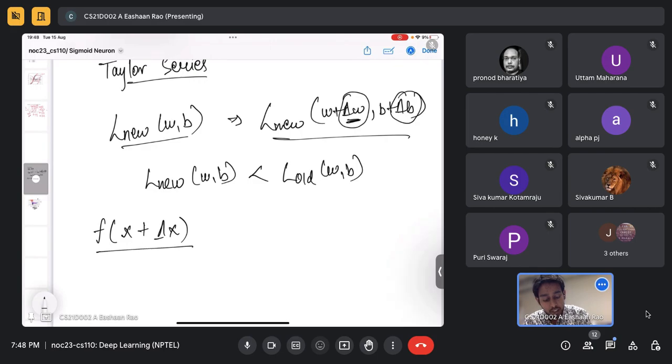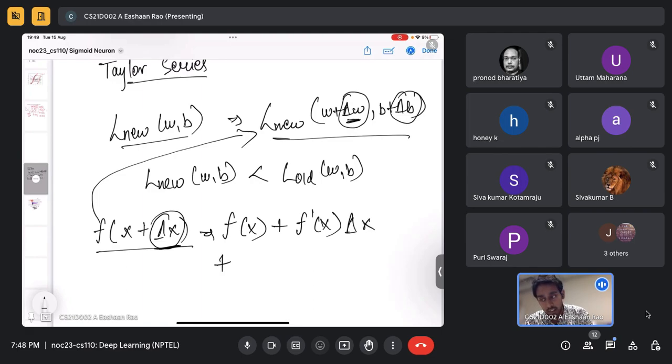We can try to see how it is related to L new like this. We are dealing with w plus delta w, so if we change by delta x, what kind of value will we get? The Taylor series talks about f of x, and I'll write down the whole equation of how it looks for a Taylor series. Then we'll talk about it.